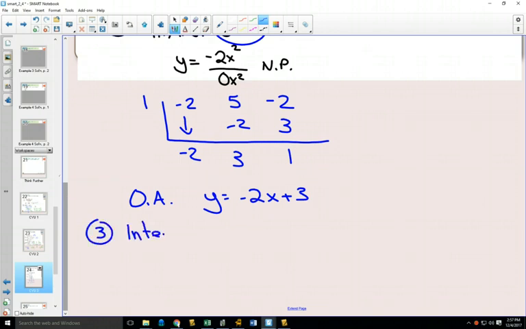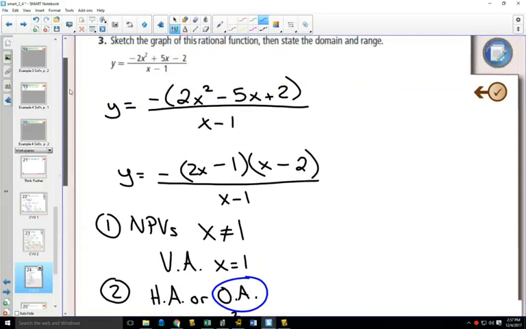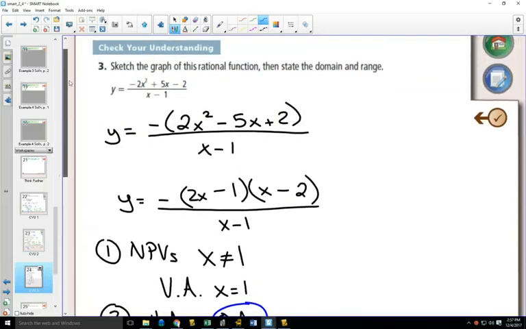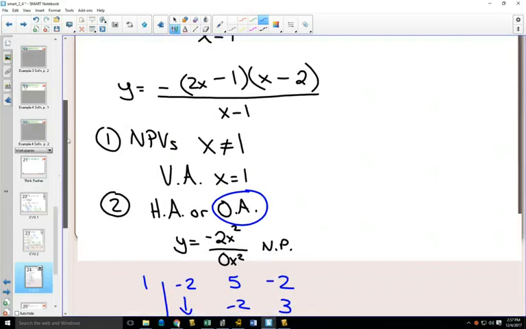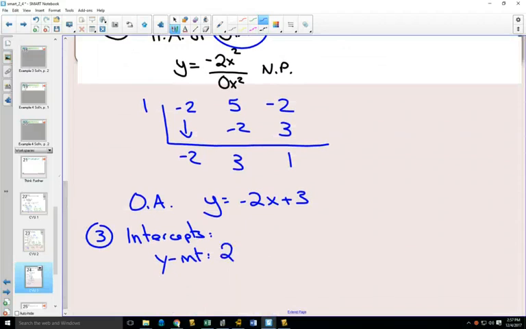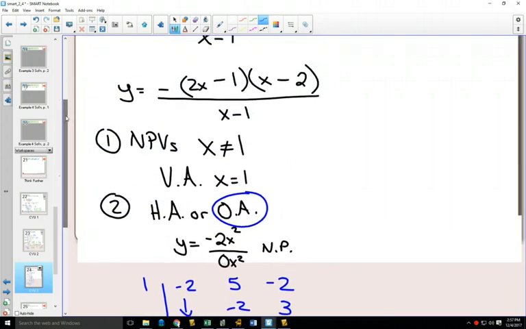Step 3, we can find all of our intercepts. Y-intercept, plug in 0 for x into your original equation, and you will get negative 2 over negative 1. For your x-intercepts, again, you plug in 0 for y. We'll look at our factored form.